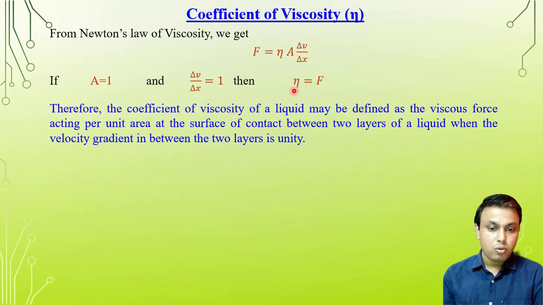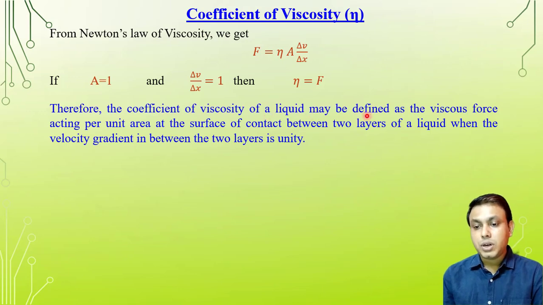So you can define the coefficient of viscosity of a liquid as the viscous force acting per unit area at the surface of contact between two layers of a liquid when the velocity gradient between the two layers is unity.